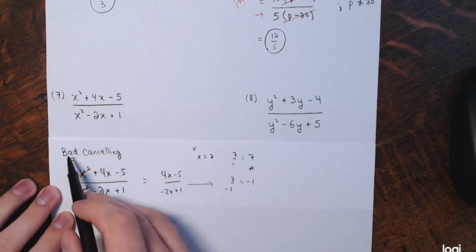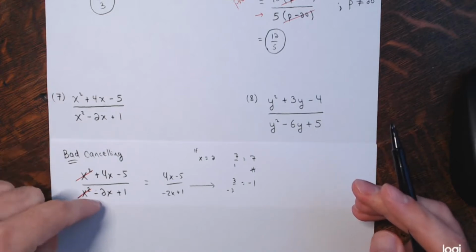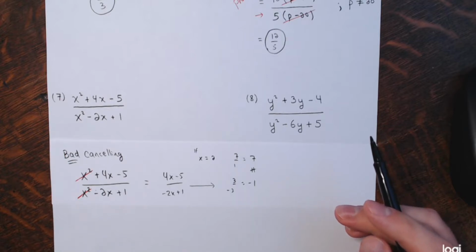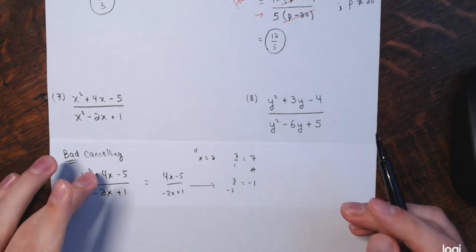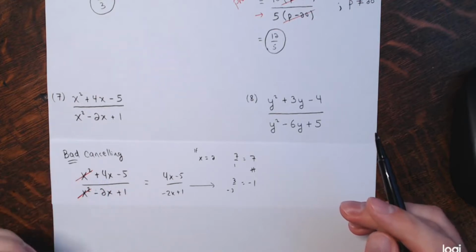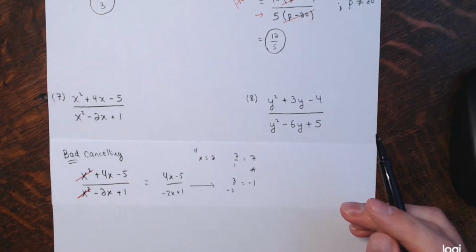Just to show you, bad canceling means canceling terms before you factor. You should be factoring, especially if there are multiple terms like this in the numerator and denominator. You should be factoring first, writing the numerator and denominator as a product first, and then canceling common factors.